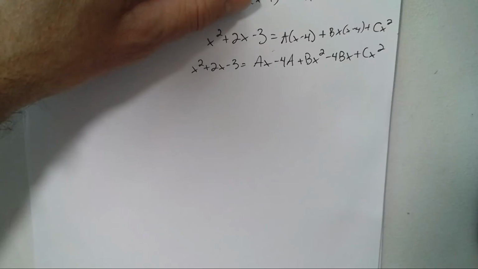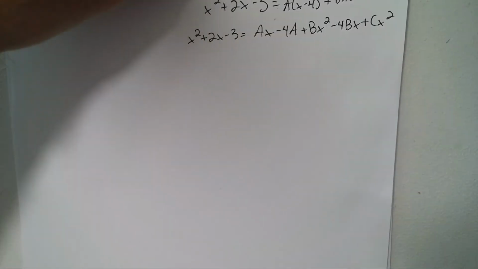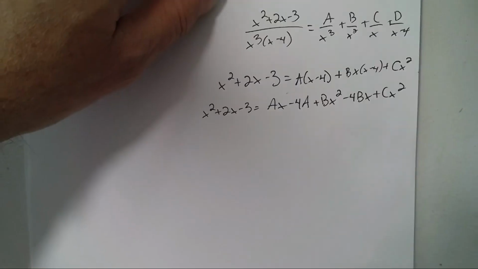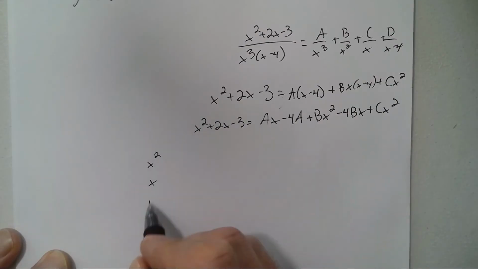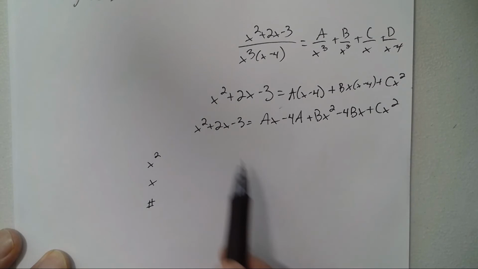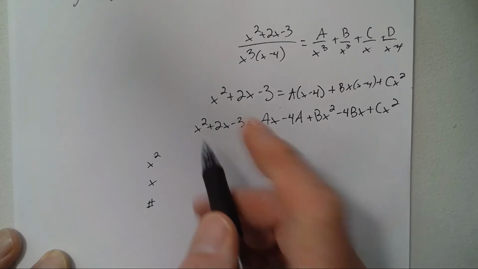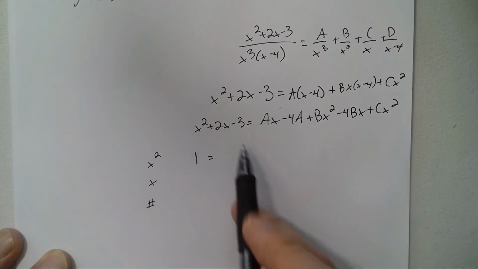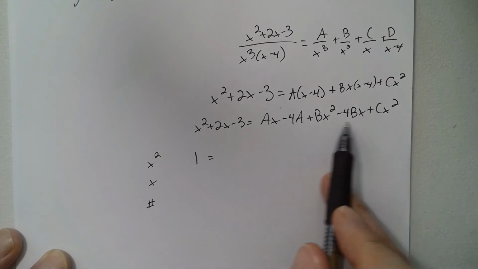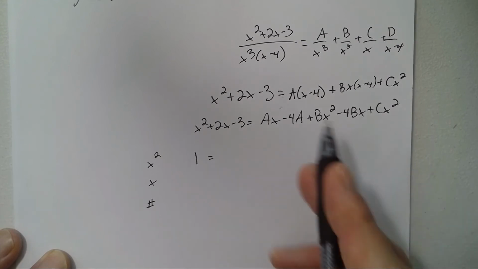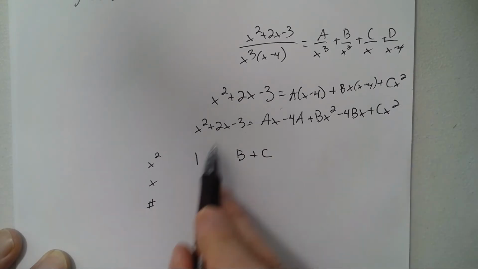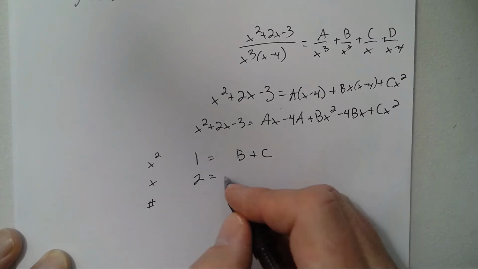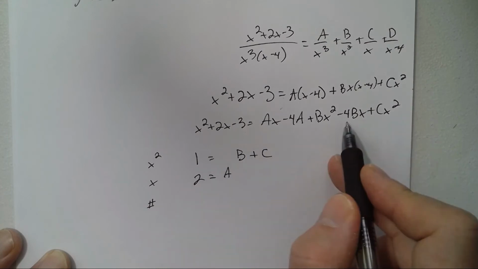Our system will have an equation for the x squareds, for the x's, and the numbers. So for x squared, we have 1 on the left, and we have B plus C. For x's, I have 2 on the left, and I have A minus 4B.